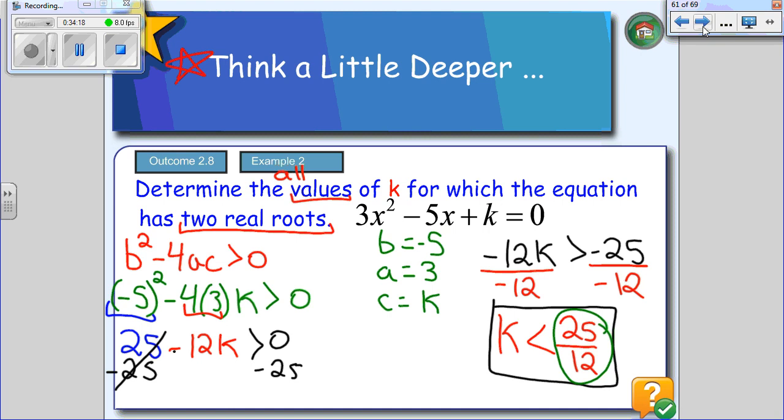This question could get harder. The way that they could make this question harder is instead of k, they could have made it k divided by 2. They could have made it k plus 6. Well, then your c value is just going to be some bigger binomial, and you're going to have to multiply things in and stuff like that.